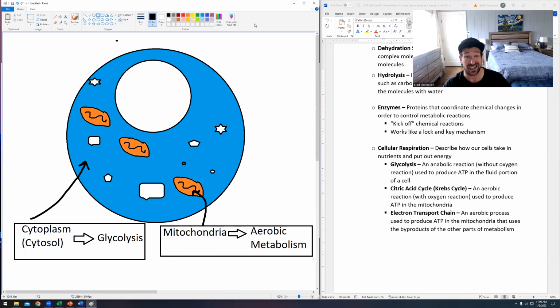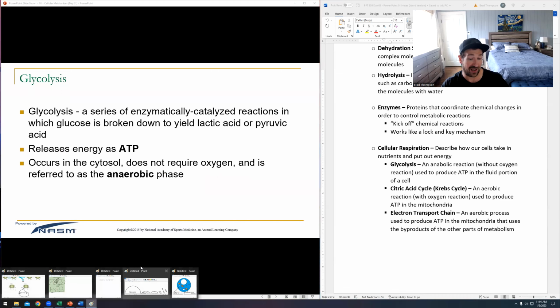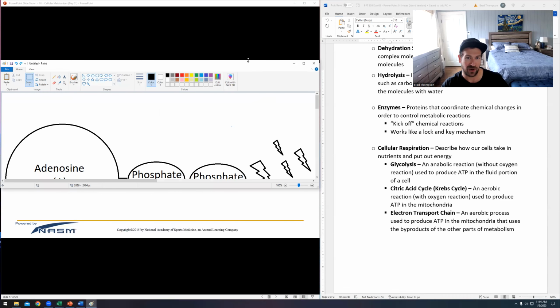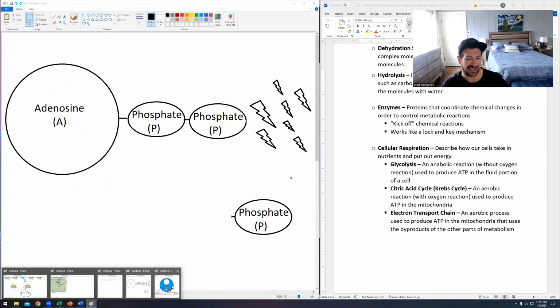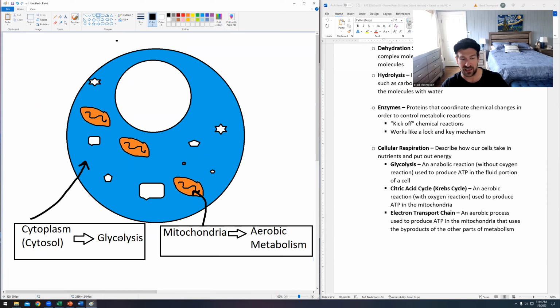Basically, a little bit of sugar gets into this fluid here, right? A little bit of glucose goes into here, and glycolysis takes place and spits out a bunch of energy.